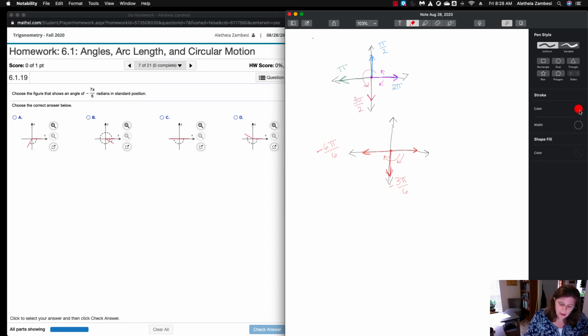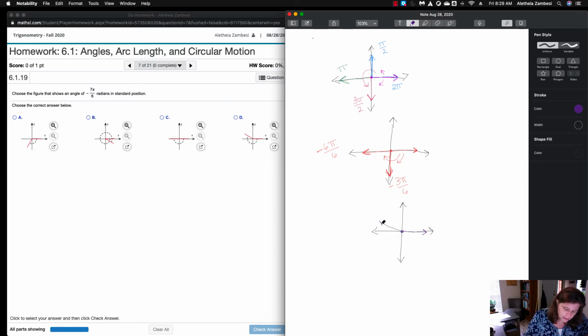So if I were to try and draw this angle, the problem says -7 pi over 6. Well, 7 pi over 6 is a little more than 1 pi, so I'm a little more than the 180-degree mark, which is pi. So I'm moving in the negative direction. This would be 6 pi over 6.